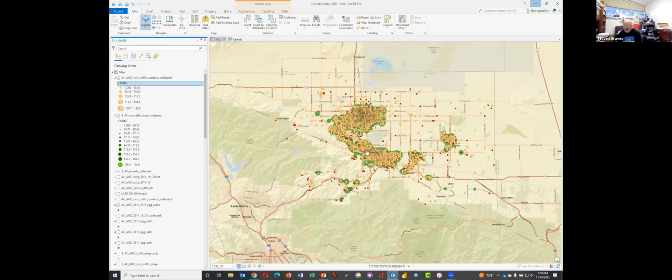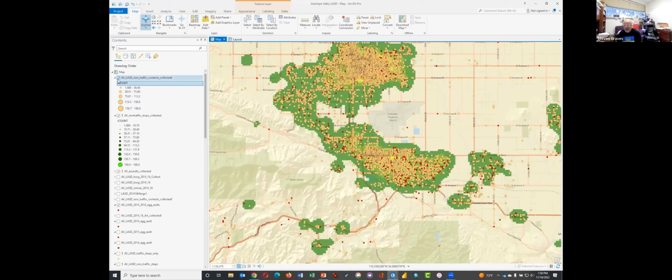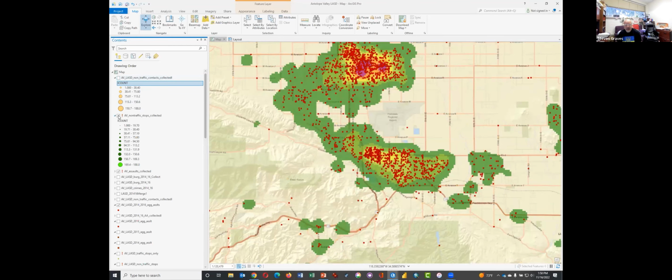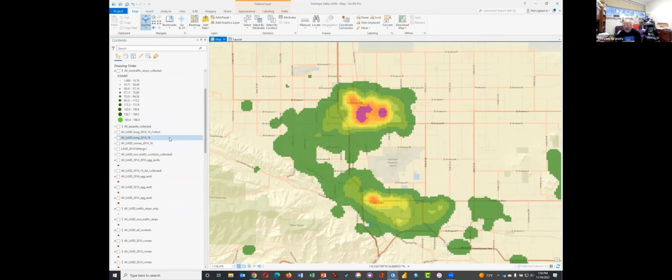This was our hotspot map of stops, contacts as they called them, that my students and I did with a legal group that was contesting the unevenness of traffic stops by race.